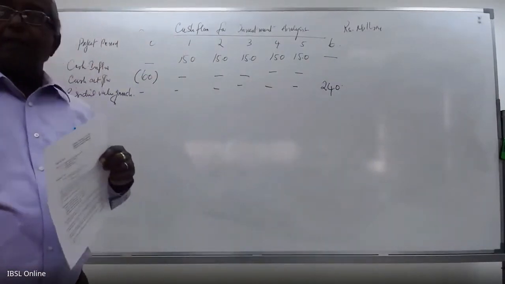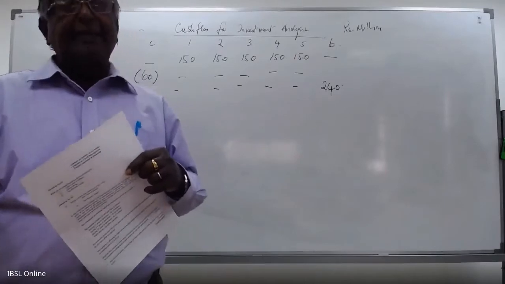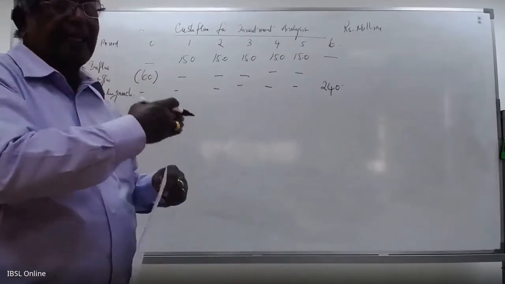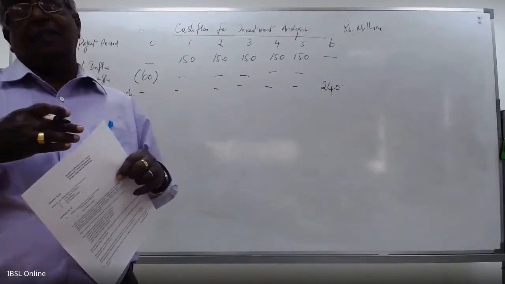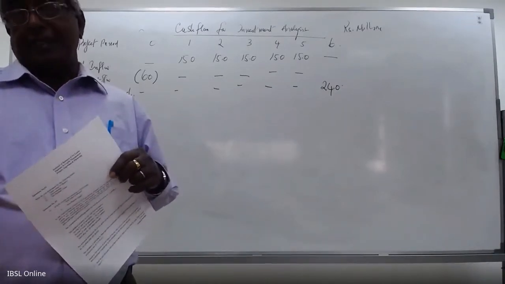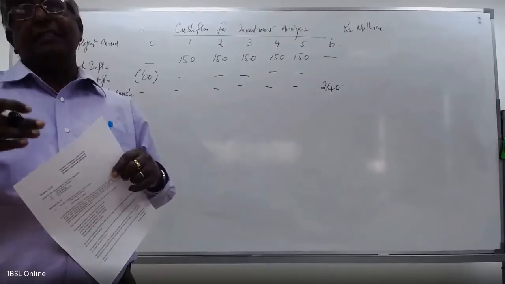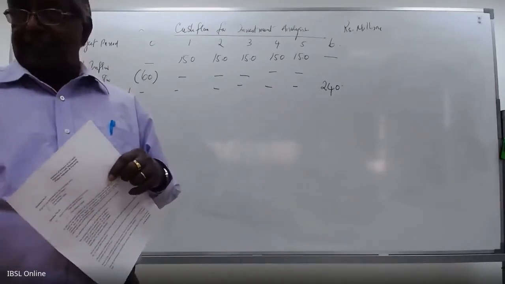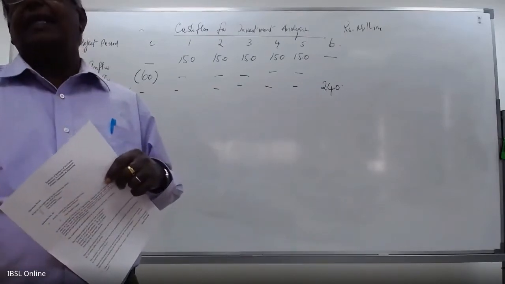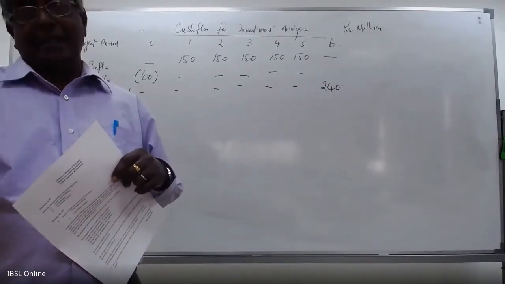Some people take this 24 million at the end of the 5th year. But according to World Bank calculations, this is in the following year. Here in the universities and various other institutions, they take this 24 million at the end of the 5th year.